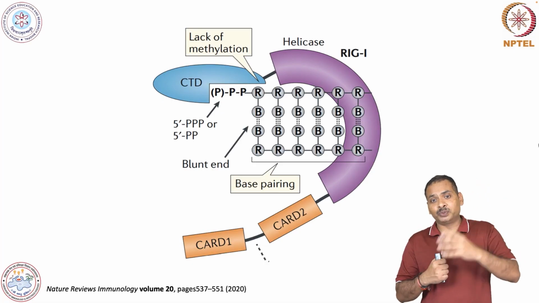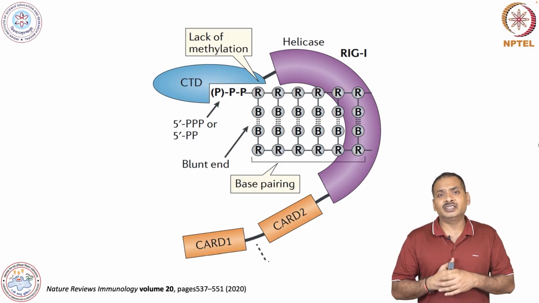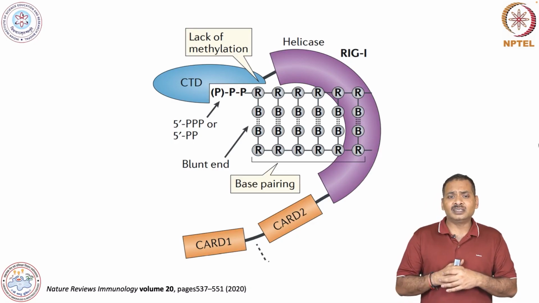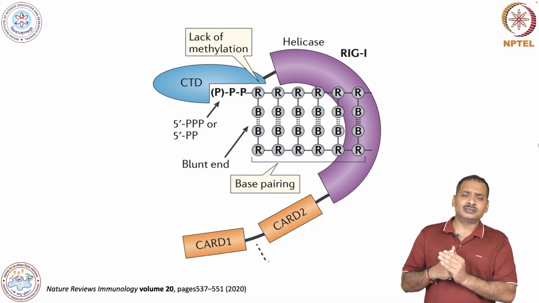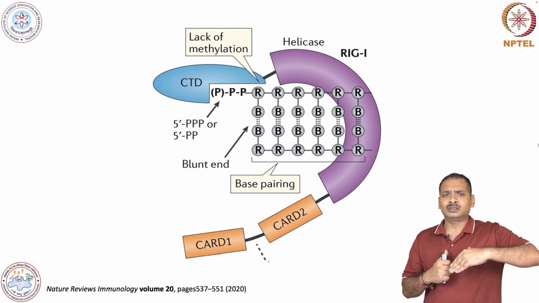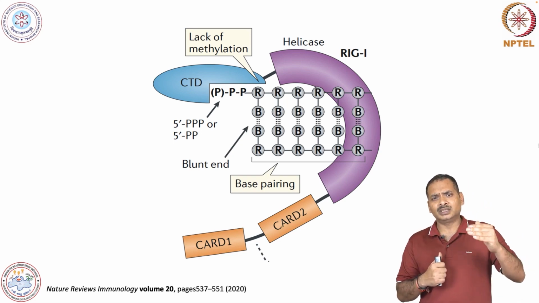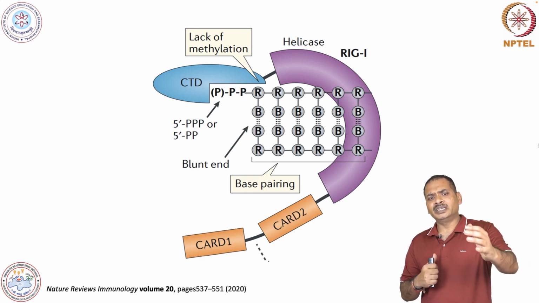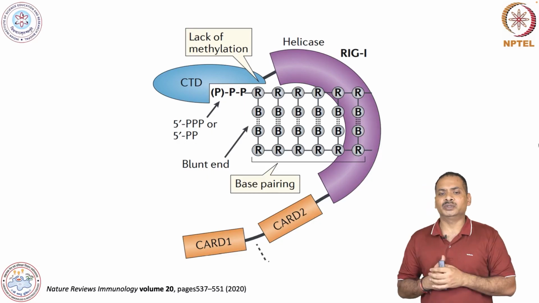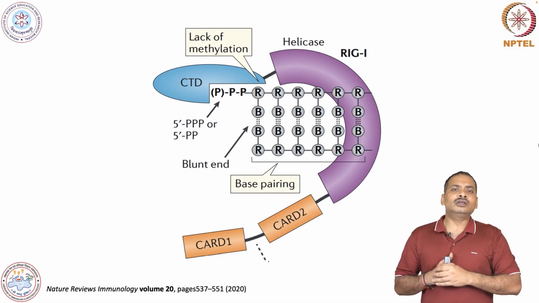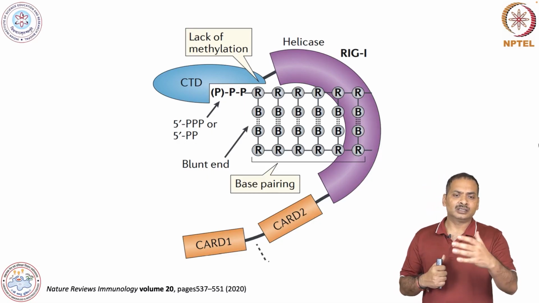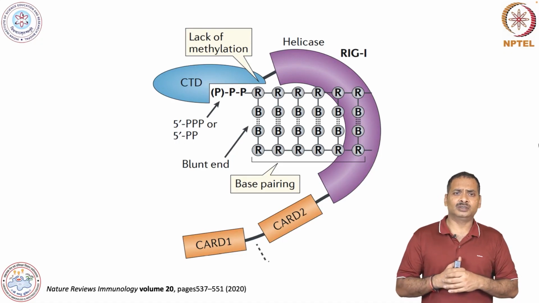And once the ligand approaches RIG-I inside the cell, then this helicase domain is basically unmasked by the ligand, and then the ligand is binding with the CTD and helicase domain. The ligand is not binding with the CARD of this protein. Okay.